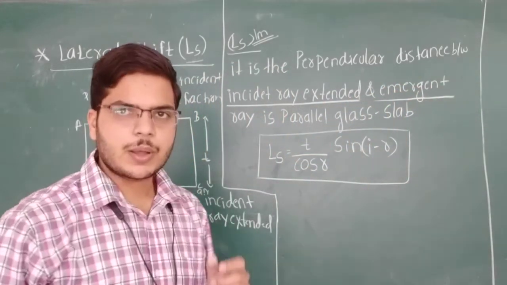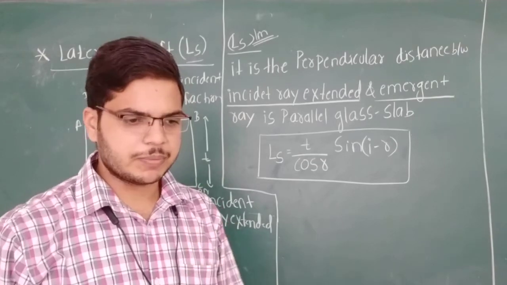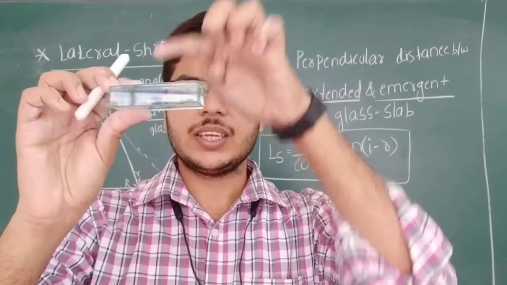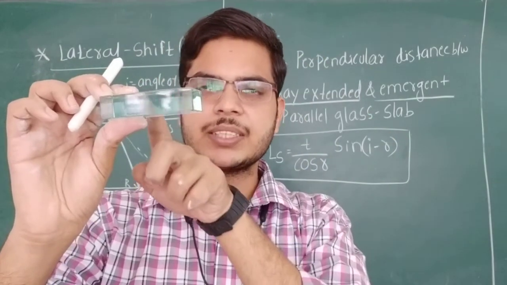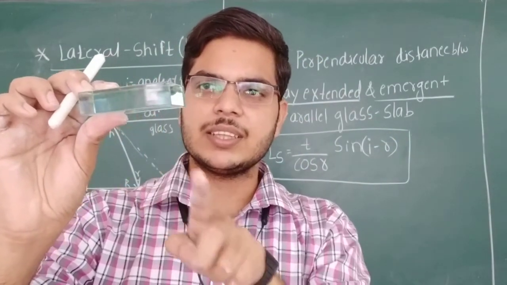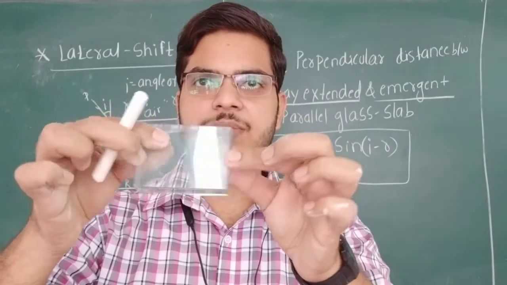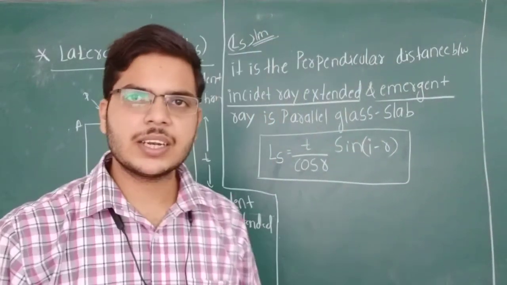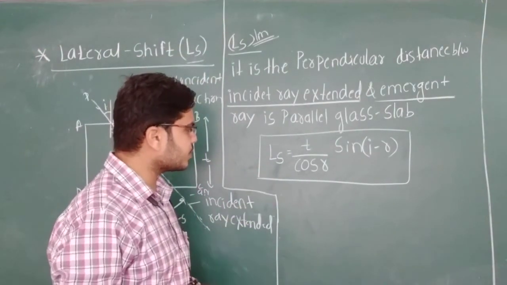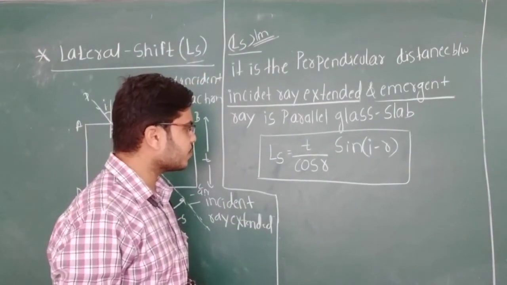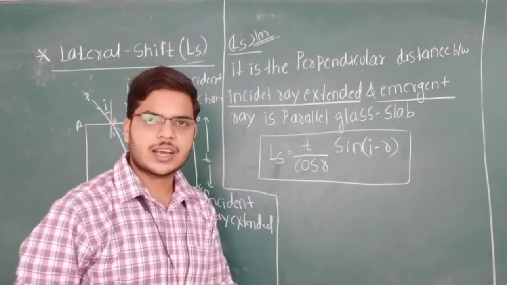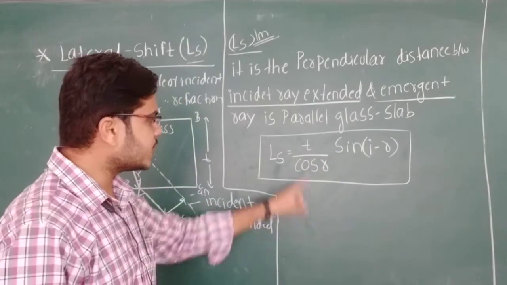In the case of a parallel glass slab, it is undergoing multiple refraction. After refracting, this is the ray. In this case, we are obtaining the lateral shift. Is it clear? The lateral shift formula is given by T divided by cos R into sin of (I minus R). What is T?